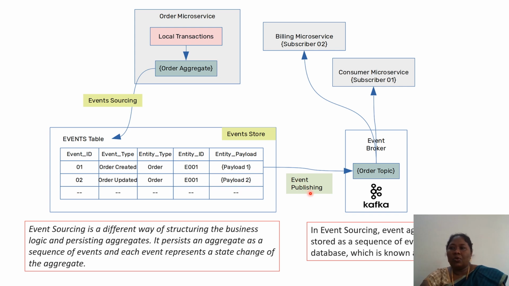Every small millisecond, the page is frequently updated based on the filters that you have chosen. Instead of clicking the submit button, automatically an event is generated. So in event sourcing, event aggregates are stored as a sequence of events in this table database, which is called the event store. So event aggregates generated by the user will be stored as an event store.